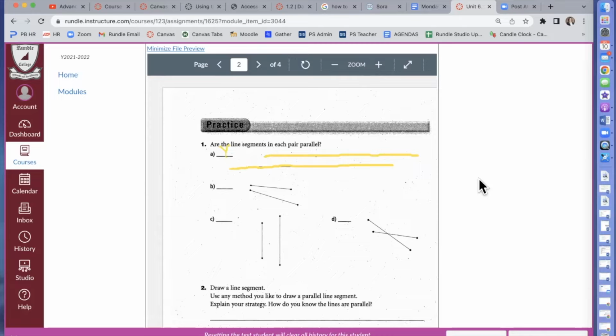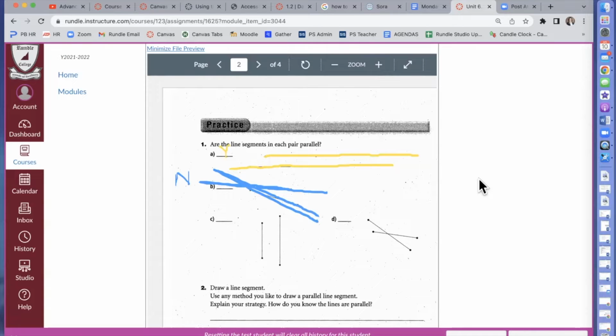For B, well, they're not touching, but if I were to extend these line segments and make them a little bit longer, they would eventually end up intersecting or touching each other. So for B, no, those are not parallel lines. For C, again looking at the picture, they look like they are parallel.